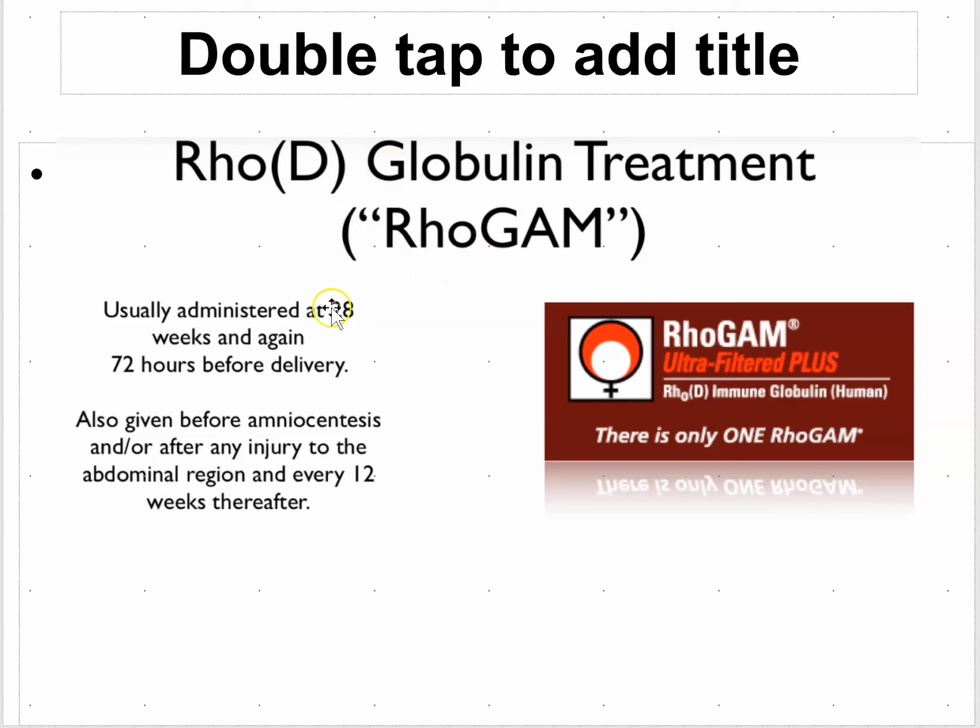RhoGAM basically is administered at about 28 weeks of pregnancy, and again 72 hours before delivery. And this basically prevents HDFN in babies who have a mother that have a negative blood type.